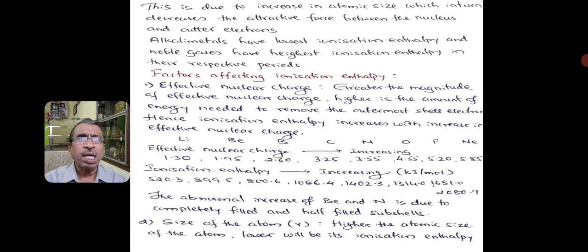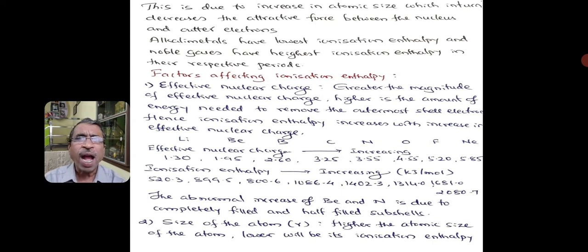This is due to increase in atomic size, which in turn decreases the attractive force between the nucleus and outer electrons. Alkali metals have lowest ionization enthalpy, and noble gases have highest ionization enthalpy in their respective periods.